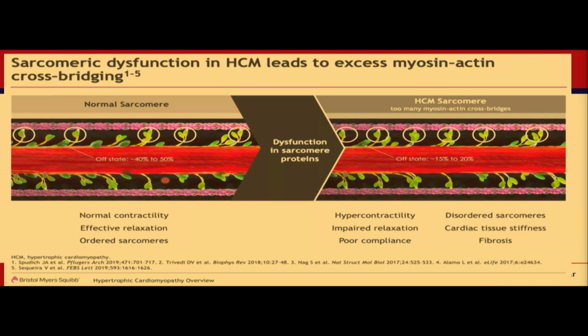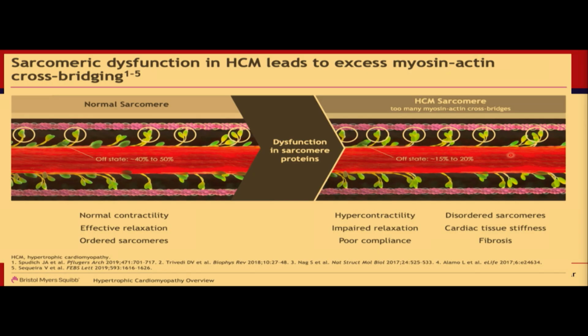So how does sarcomere dysfunction occur? Here we have the normal sarcomere. Again, you can see the myosin heavy chain attachment to actin. Normal contractility, effective relaxation, they are very ordered in the sarcomere structure. What happens when we have dysfunction because of hypertrophic cardiomyopathy? You can see there is more myosin heavy chain attached to actin.